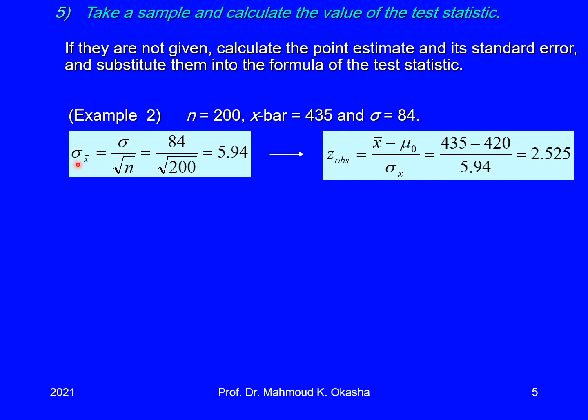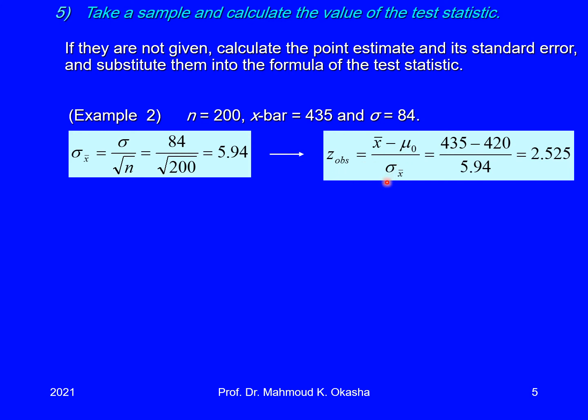Then we calculate the standard error of x bar, which is sigma over square root of n, which is 84 over square root of 200, and this goes to 5.94.